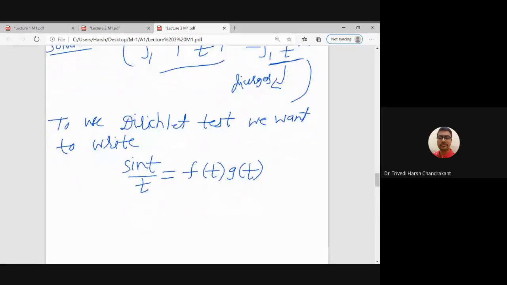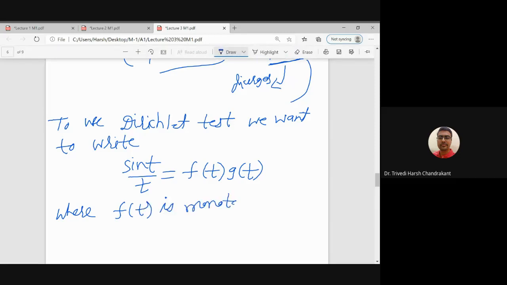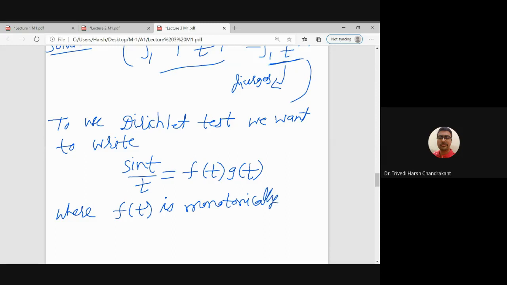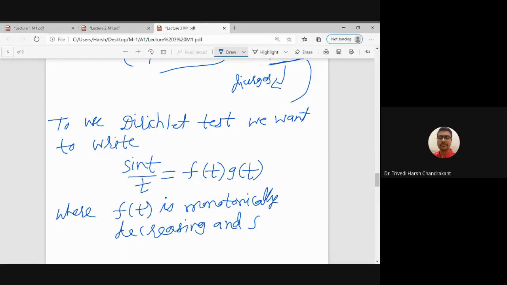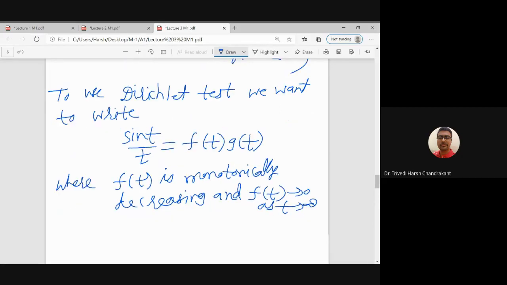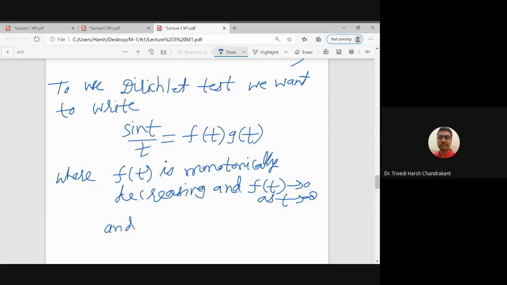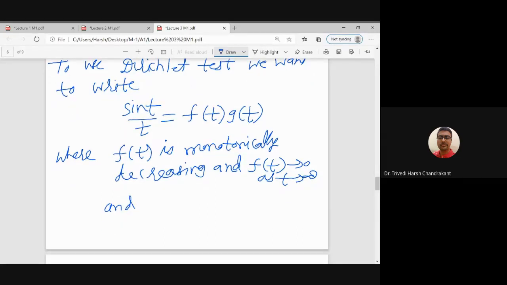So basically we want to write this function sin t divided by t, which we want to integrate, as a multiplication of two functions where f(t) is monotonically decreasing and f(t) converges to 0 as t goes to infinity, and for the other function we want to find M greater than 0 such that the integral.